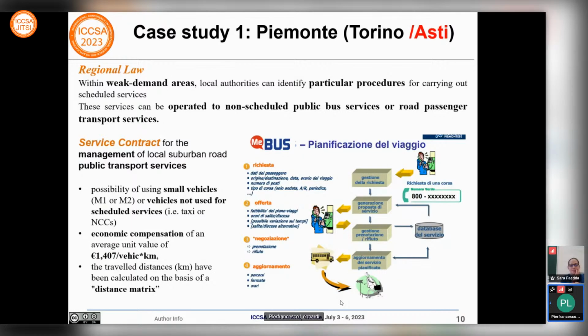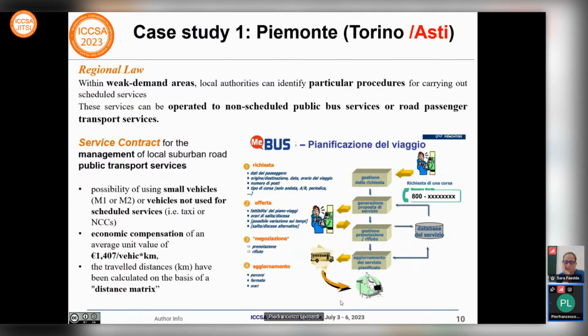As regards the first case study, the service contract in the metropolitan area identified the on-demand services as a service with flexible or fixed routes and timetables and the need for a reservation. Small vehicles can be used: car, van, minibus.